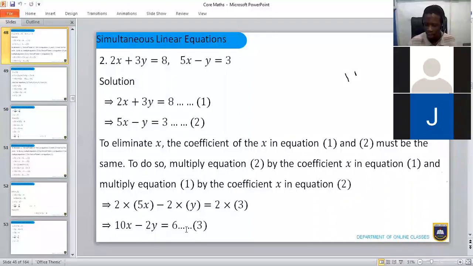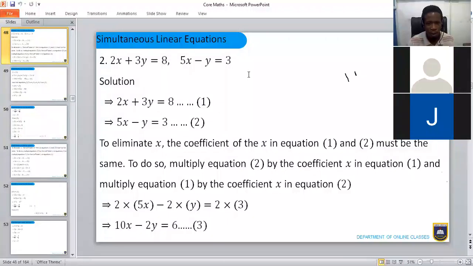Are you okay with that? Yes. So we label that one equation 3. This is our new equation. Now again, we pick the coefficient of x in equation 2 and multiply by the whole equation 1. What is the coefficient of x in equation 2? 5.